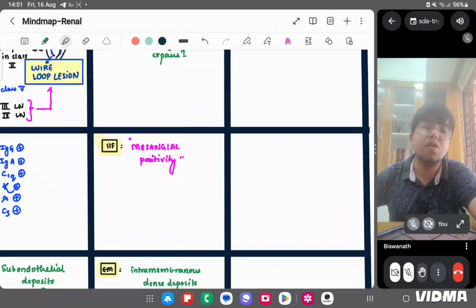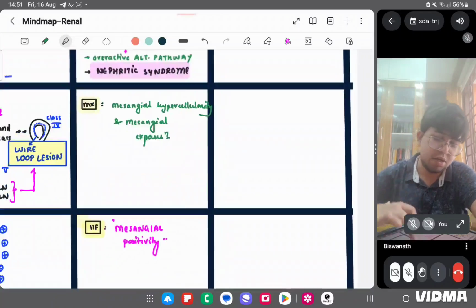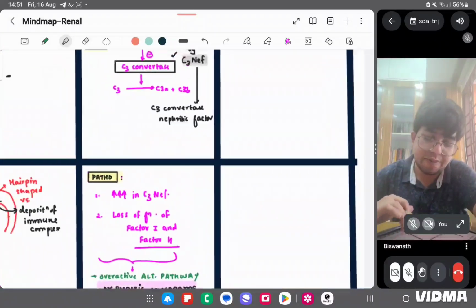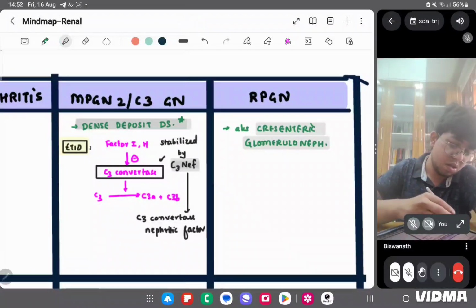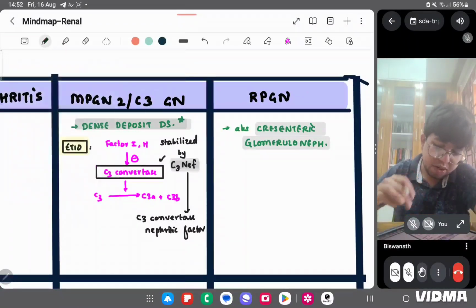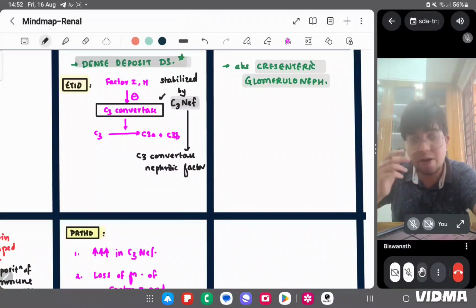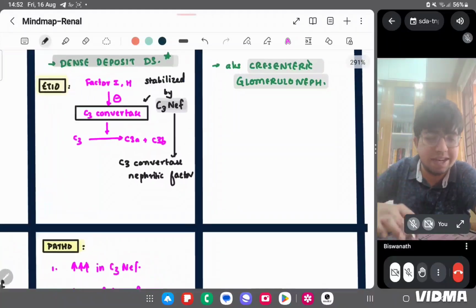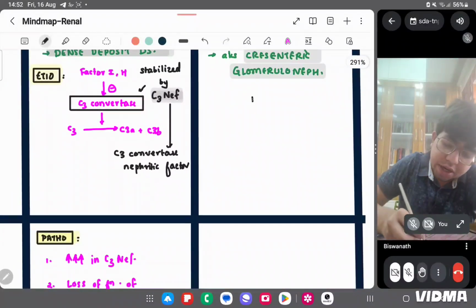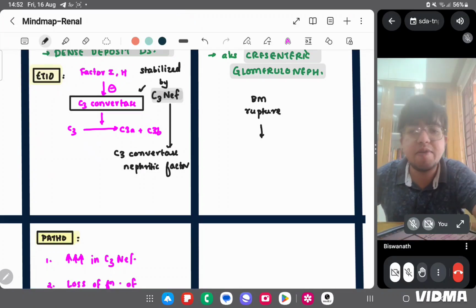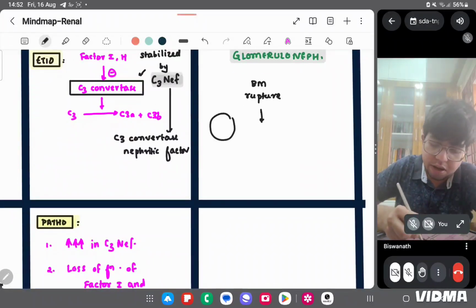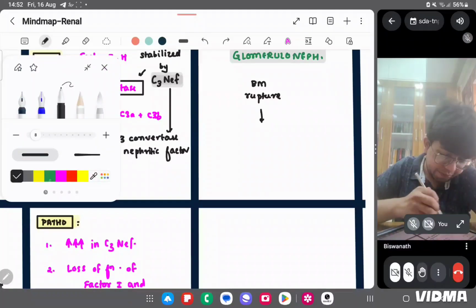So let's start with RPGN. The etiology is not much. The etiology is a basement membrane rupture, and due to this basement membrane rupture, a fibrin clot is formed. Let's say this is the blood vessel. Let me draw it in red.